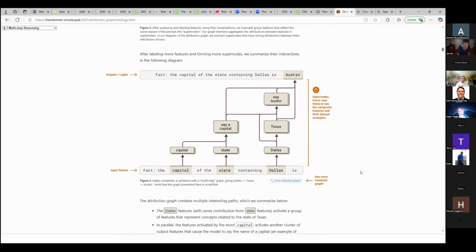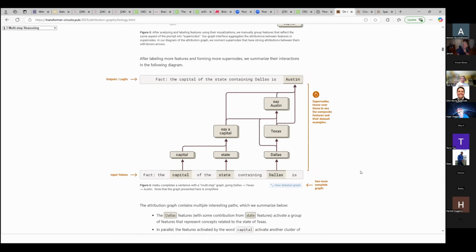So Ted, it looks like if I see a bubble with just a word, a concept, that says they found a correlation with the input token or something in the input sequence. And if the bubble says say something, then it's more correlated with next token prediction. Yeah, and things like Texas could be correlated to an input or just a general concept. In this case, it's more of a general concept.